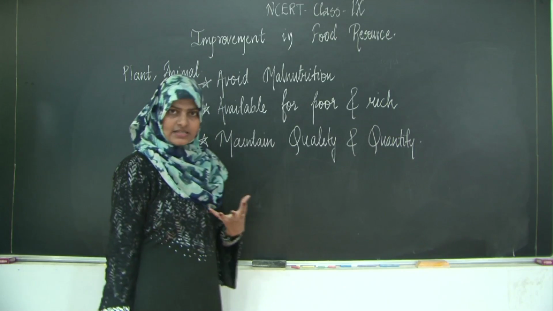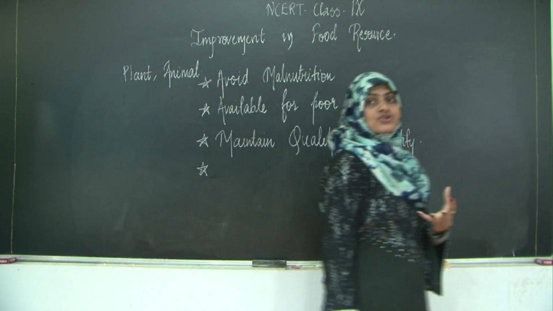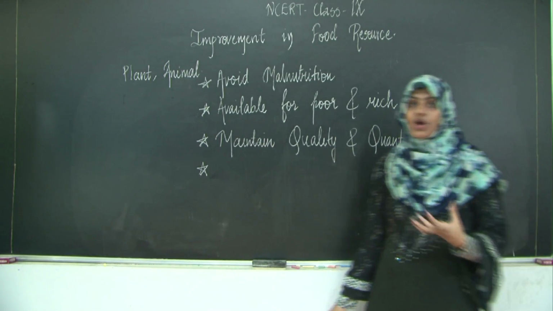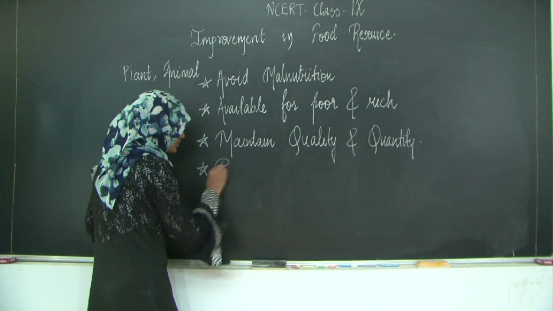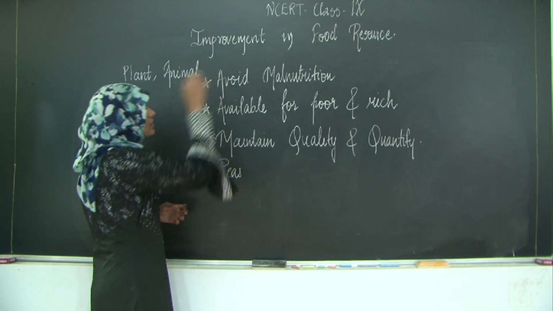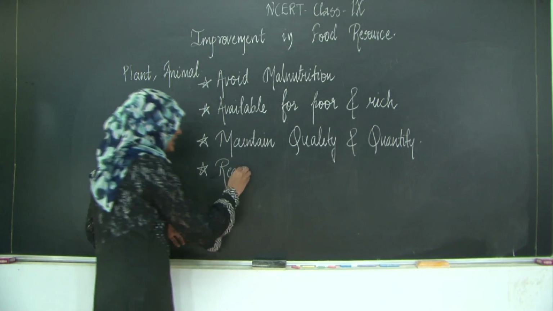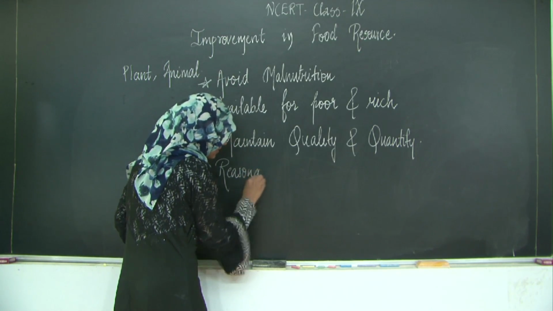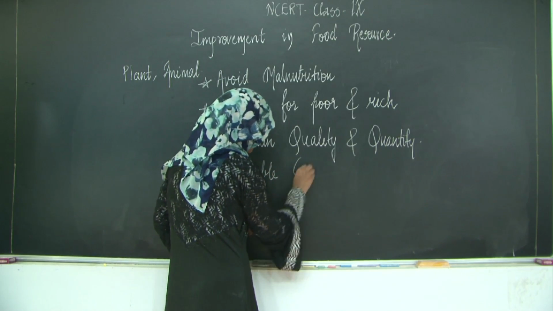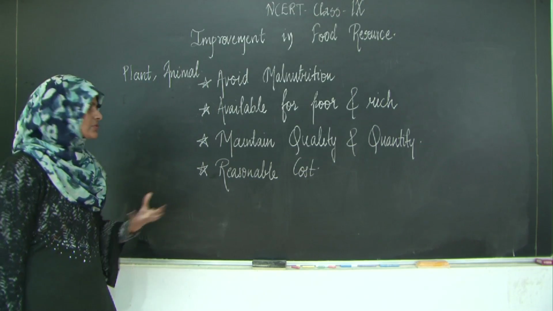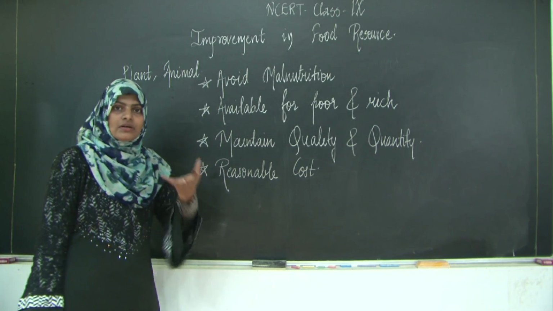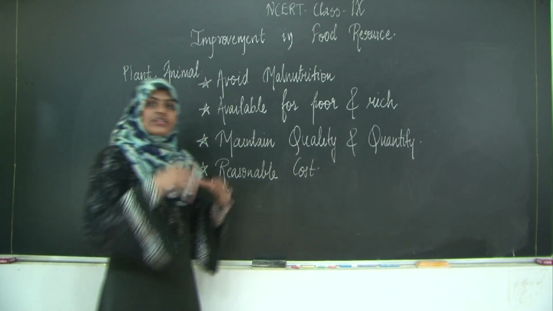The other reason, just now I discussed, is that it should be available at a reasonable cost, it should be affordable by all. So you can even add, you can improve the food resource to get it at a reasonable cost. And the last and foremost thing is that the poverty line should decrease.